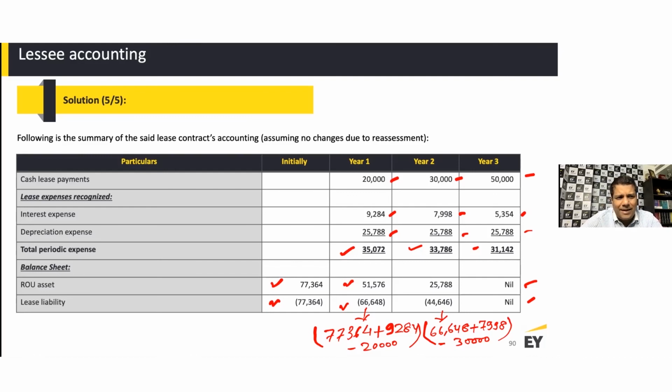I hope this example has given you a good perspective on the life cycle of the whole lease accounting: at the inception, then year one, year two, year three, how you need to compute the right of use asset, the obligation, and then the amortization, the interest accretion, and all of that.